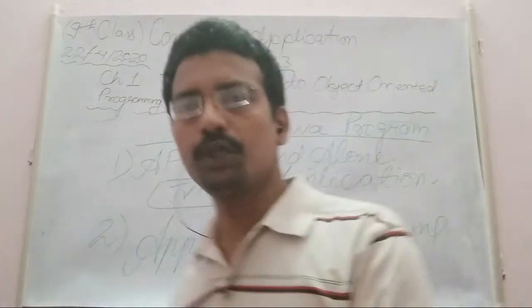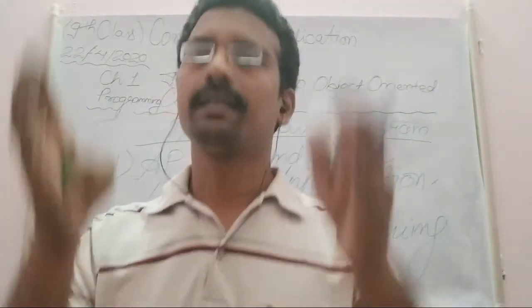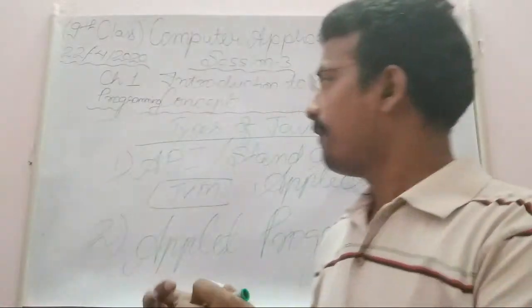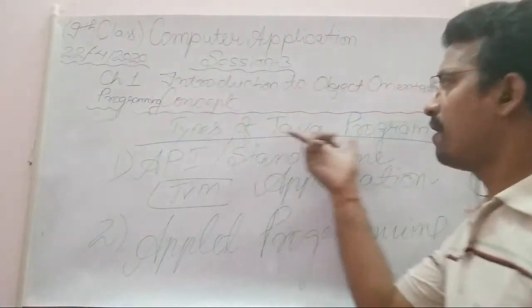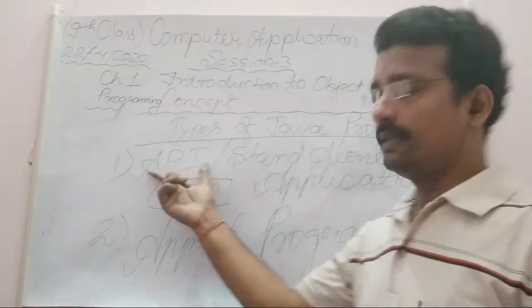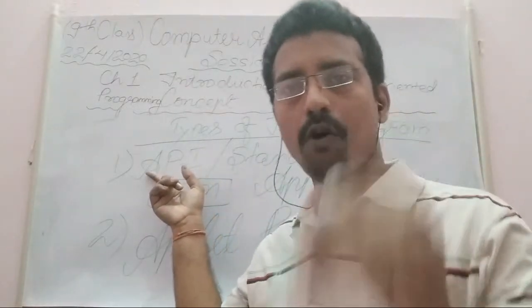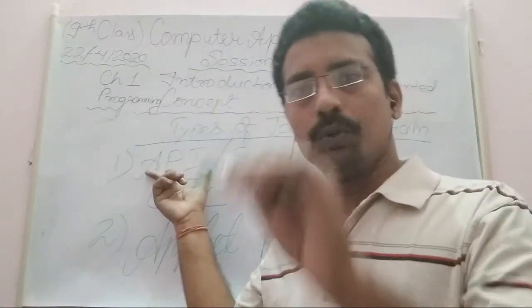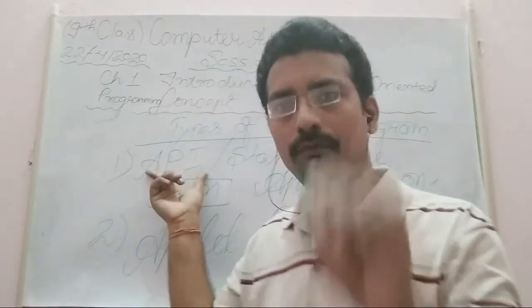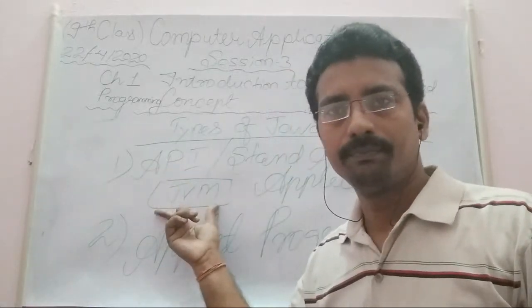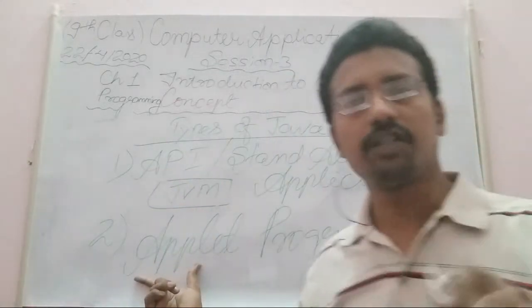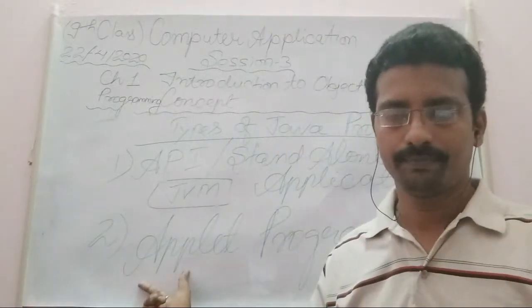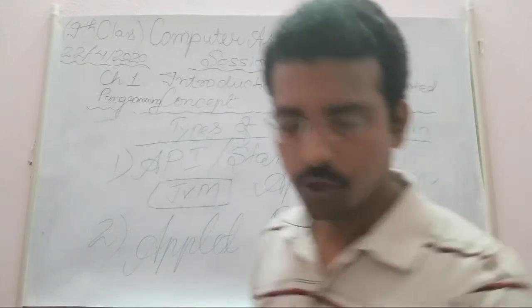Basically, they are used for web page designing. Is it okay? So this way we have covered the types of Java programs. One, the program that is developed and executed with the help of JVM. Second, the program which is created and executed by the browser. Okay. Next topic is there.